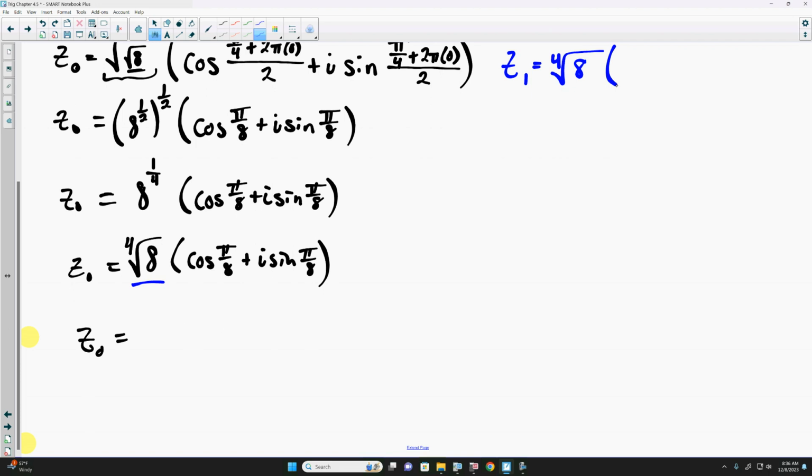Cosine. Well, this is our pi over 4 plus 2 pi times our k value, which is now 1, plus i sine of pi over 4 plus 2 pi times 1 over 2.